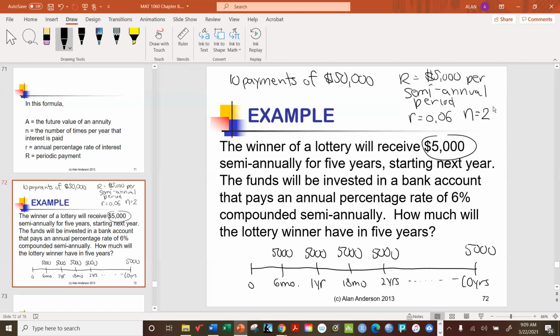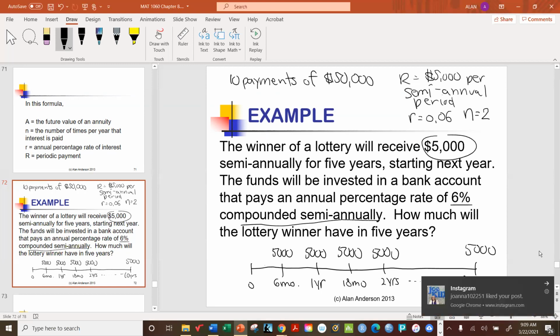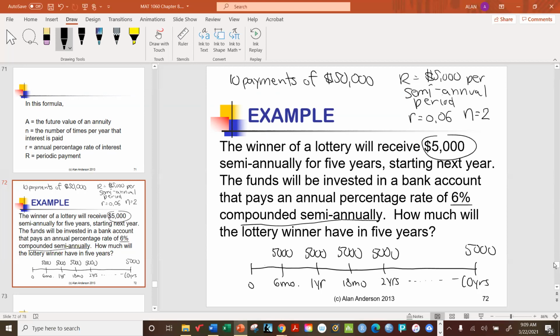So in other words, it's telling us that the rate is compounded semi-annually, twice a year. So you're basically getting 3% twice a year instead of 6% once a year. And then T, the time element, is still, any way you look at it, 10 years. Wait, sorry, no, 5 years. My mistake. It's 5 years because it's 10 periods.